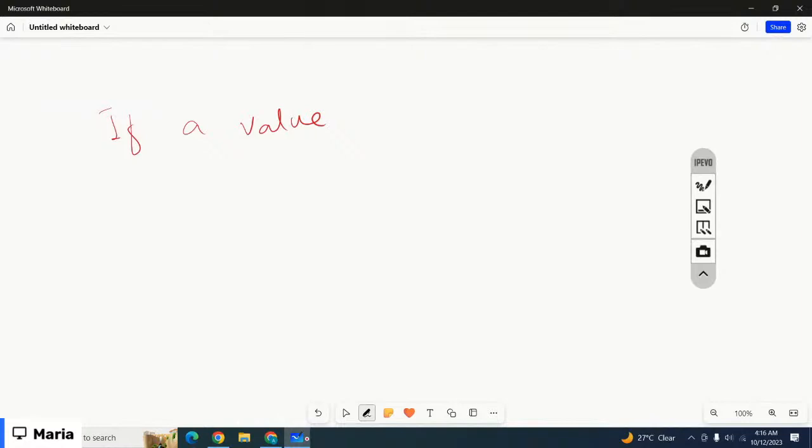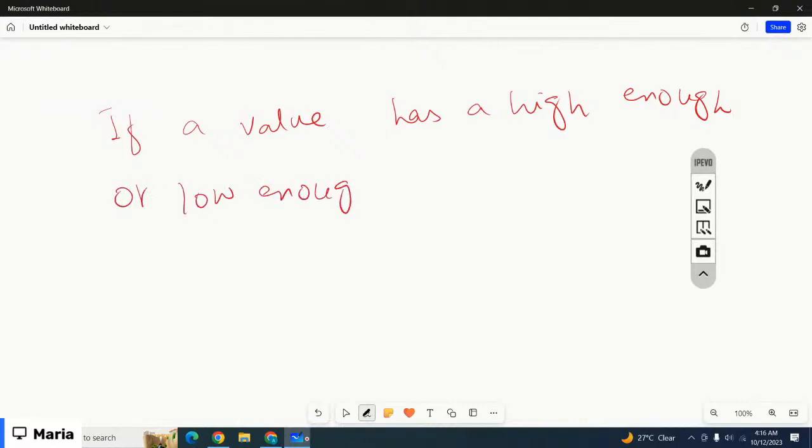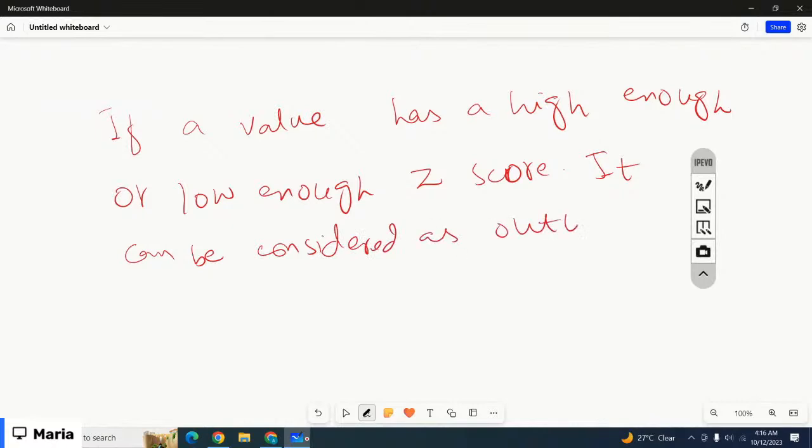If a value has a high enough or low enough z-score, it can be considered as an outlier, right?